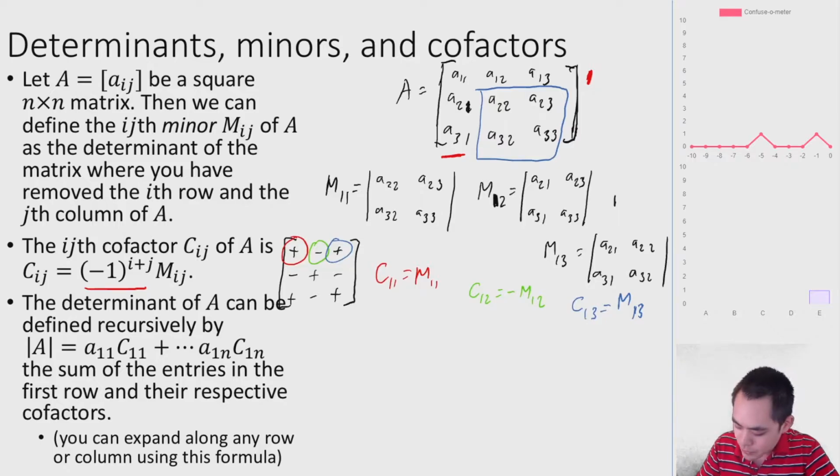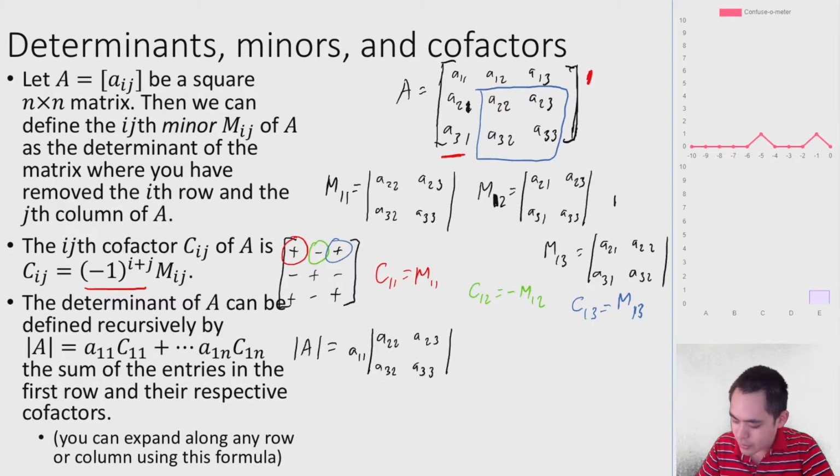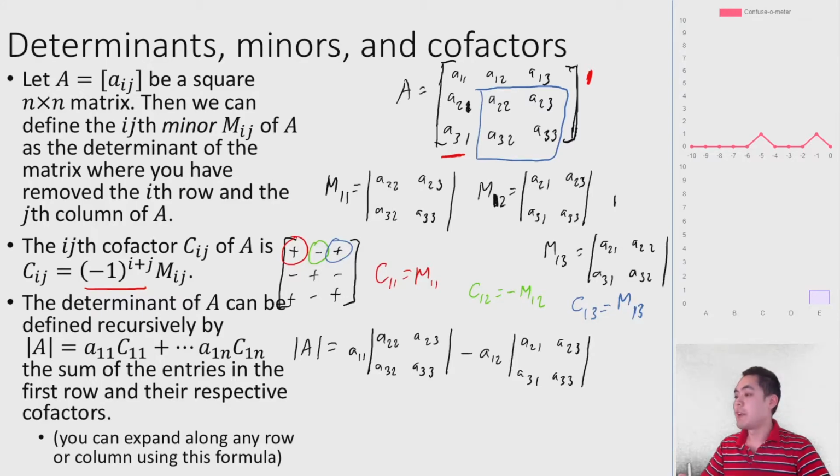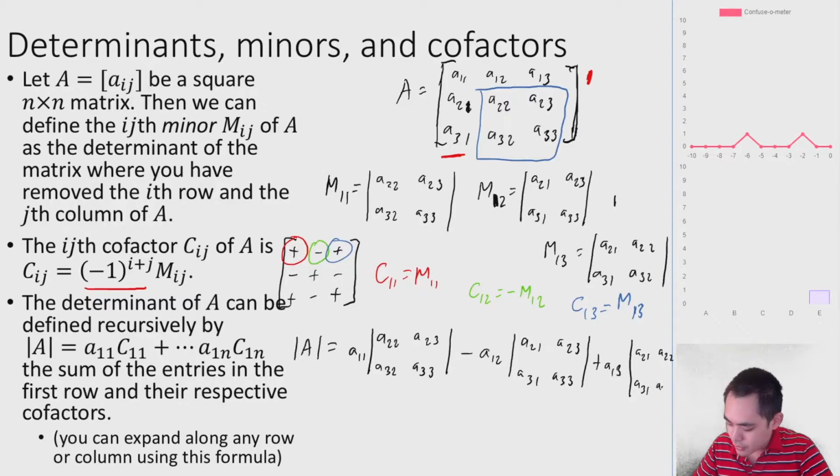So the determinant of A is equal to A11, since that's the entry in the top left, times your C11, which is just the determinant of A22, A23, A32, A33, and then minus A12 times the determinant of A21, A23, A31, A33, because of course that cofactor had a minus sign, plus A13 times the determinant of A21, A22, A31, A32.